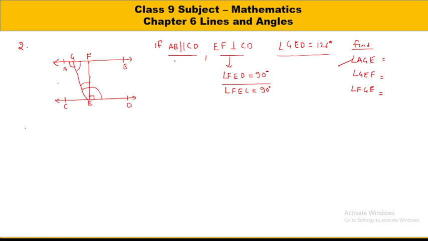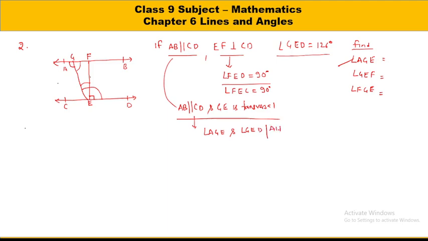As in the question, it is given that AB is parallel to CD and GE is a transversal, which intersects line AB and line CD at points G and E. So on the basis of that, we can say that angle AGE and angle GED are basically alternate angles.